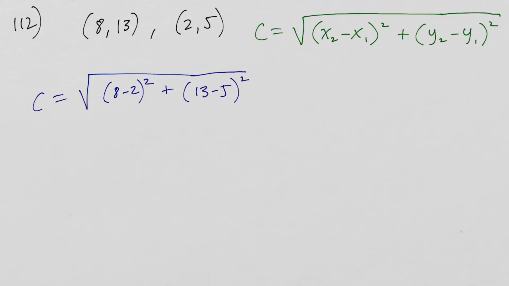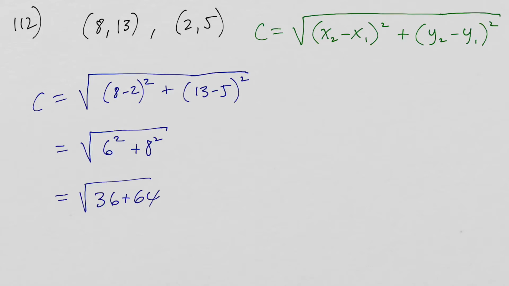And again, if I had done 5 minus 13 or 13 minus 5, it makes no difference because once I square it, it's going to get rid of the negative. So this will be 6 squared plus 8 squared, or 36 plus 64, or 100. The square root of 100 is 10.